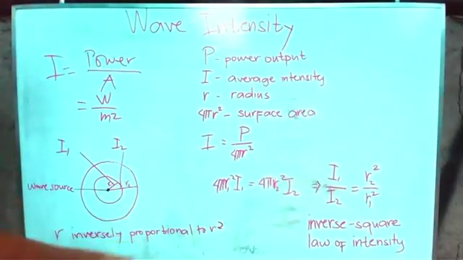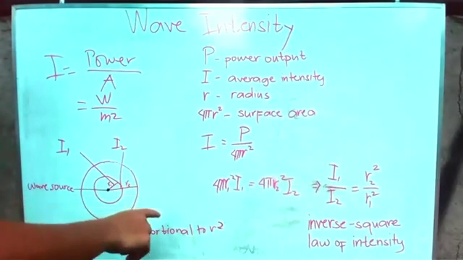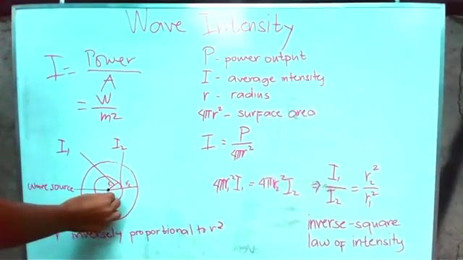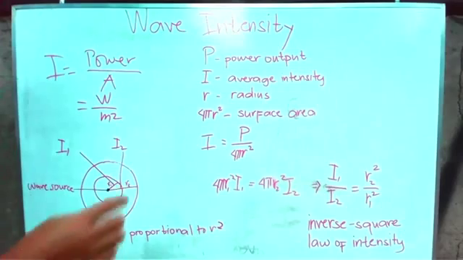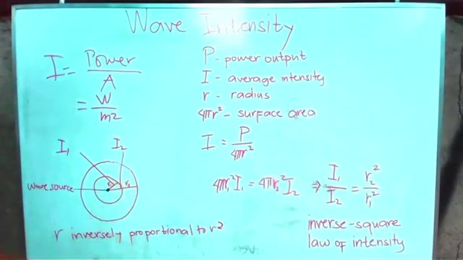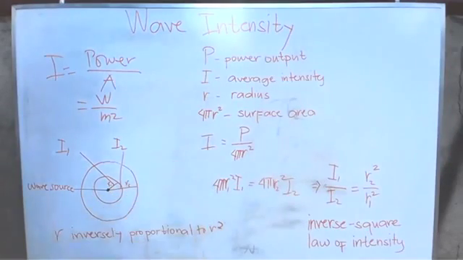If the waves spread out equally in all directions from a source, the intensity at a distance r is inversely proportional to r squared. This follows energy conservation.